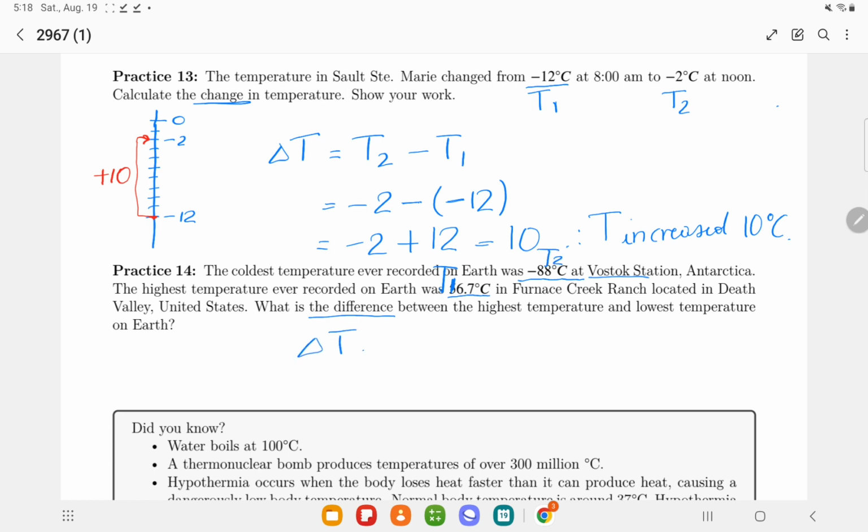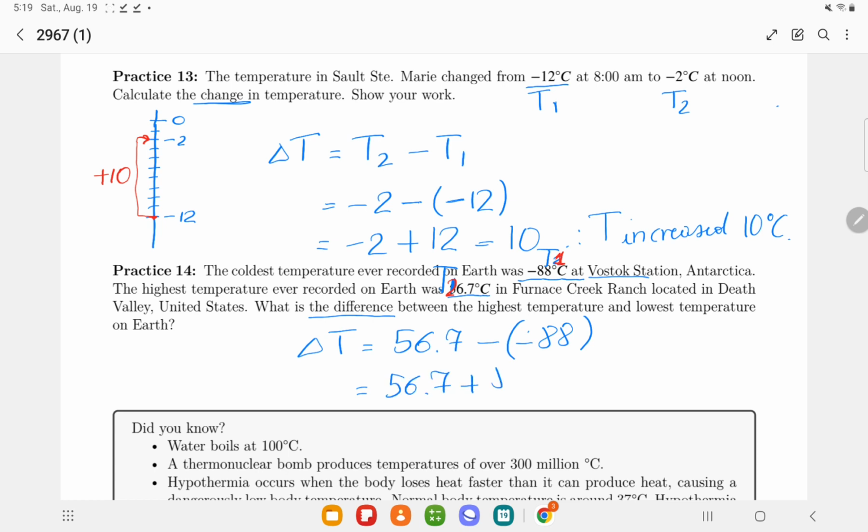So the difference in temperature is 56.7 degrees Celsius minus... so let's change this to T2 and T1 between highest and lowest. So T2 minus T1, negative 88 degrees Celsius.